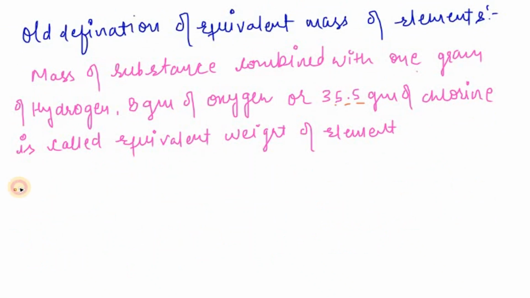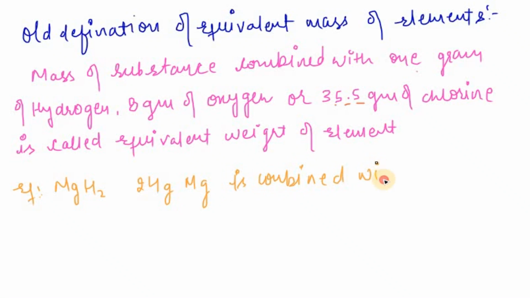So let's take an example. We have MgH2, where 24 gram of magnesium is combined with 2 gram of hydrogen. It is given that.